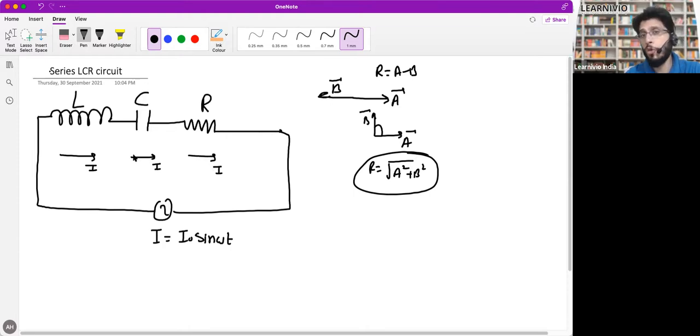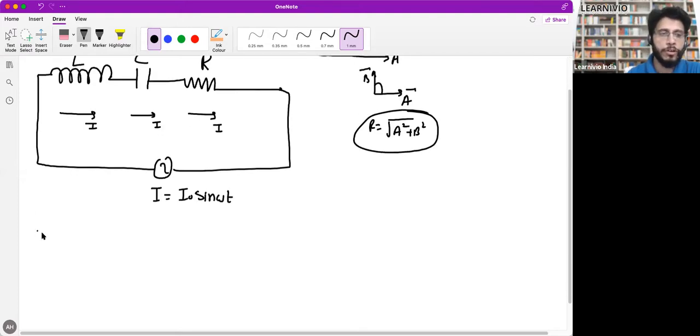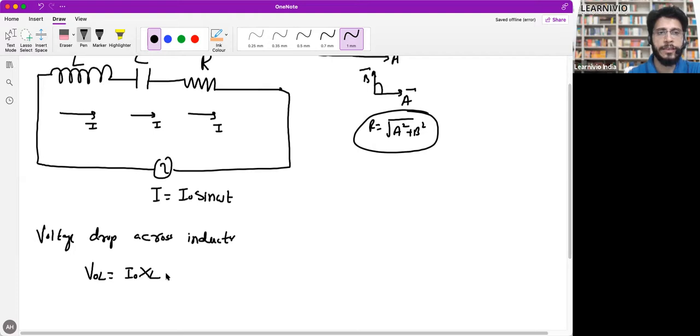Now, there will be a voltage drop across each element. Voltage drop across the inductor, you can write as V naught L, and V naught L is I naught XL. That's my first equation.